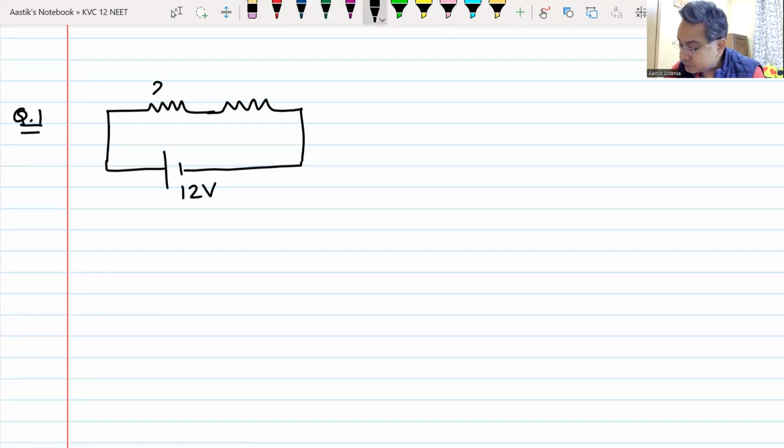I have this battery connected across two resistors. You just have to tell me what is the potential drop across each resistor.